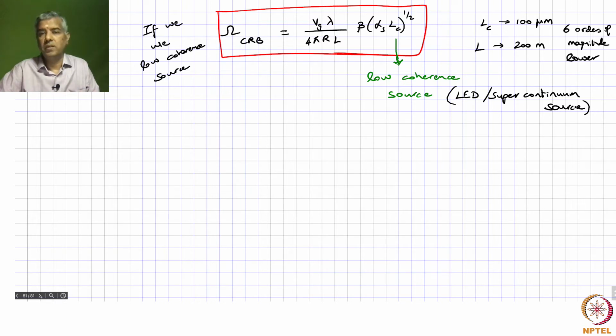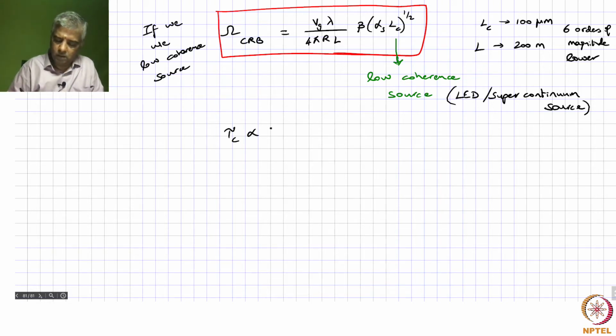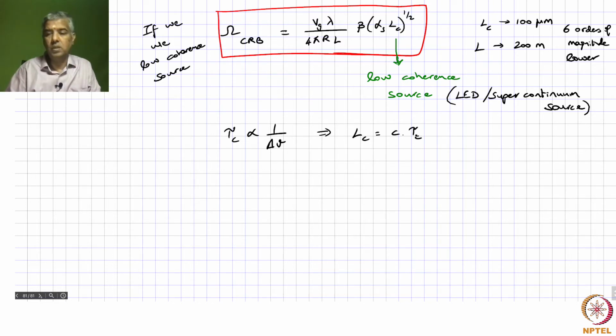That's because the coherence time, as we saw previously, is inversely proportional to delta nu, and this implies that L_C, which is c times tau_c, can be made extremely small, right? So we could probably go to 100 microns or even 10 microns and even lower.